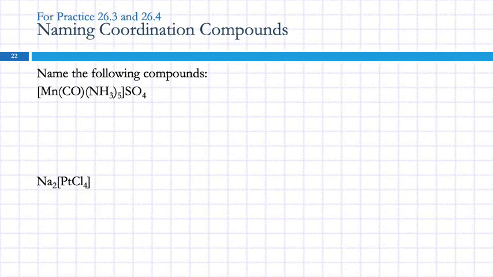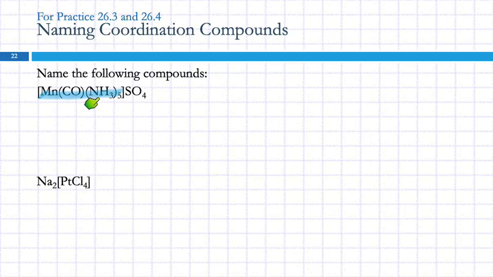Okay, so let's do a couple of examples here. Name these compounds. So the complex ion is in brackets to help us see it better. So if we want to name this guy over here, this is in the blue, we name the ligands first.